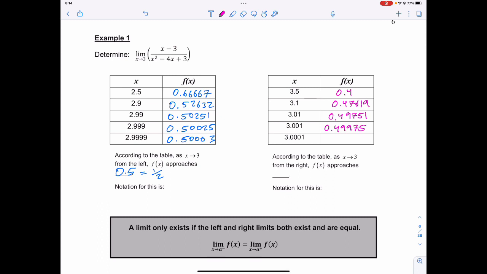And 3.0001 is approximately 0.49998. And as x is approaching 3 from the right, it's getting closer and closer to 0.5 or 1/2.